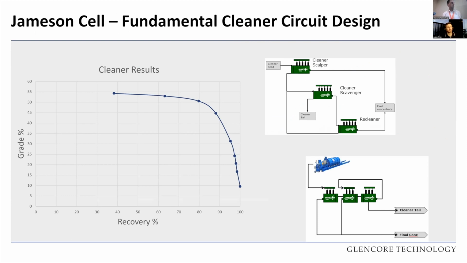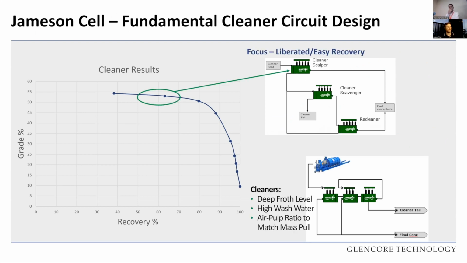So here, looking at, again, some results and how that would translate into the circuit design. As mentioned, we look at the target zone for the scalper at the head of the circuit. In terms of operation, you may be looking at some deeper froth depths and higher wash waters at this point.